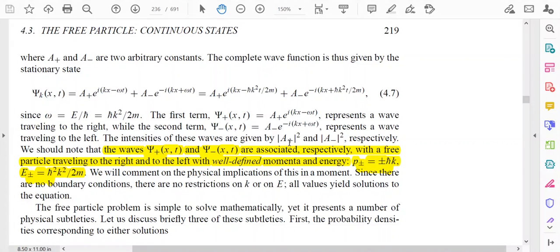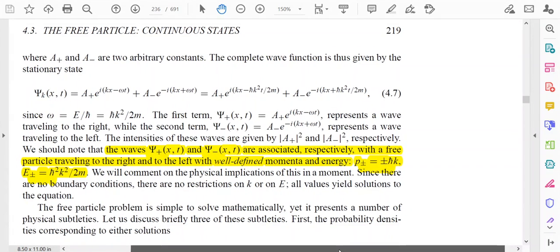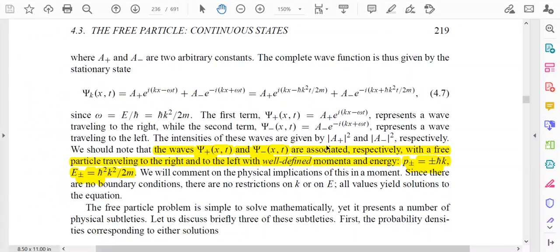So this is the intensity of the wave, and we know that intensity is the square of the amplitude. A plus is the amplitude for the one wave and A minus is the amplitude of another wave. As intensity is the square of the amplitude, the intensity is A plus square and A minus square respectively.